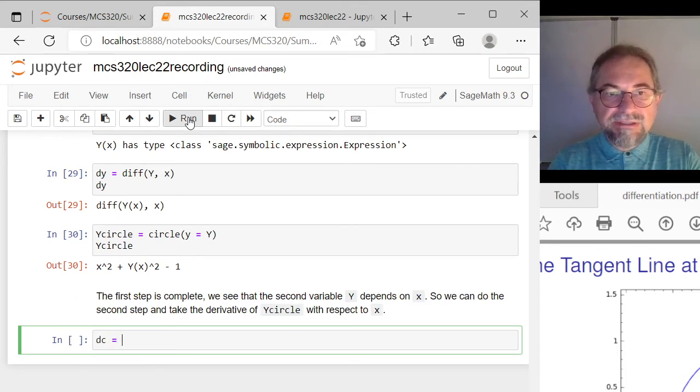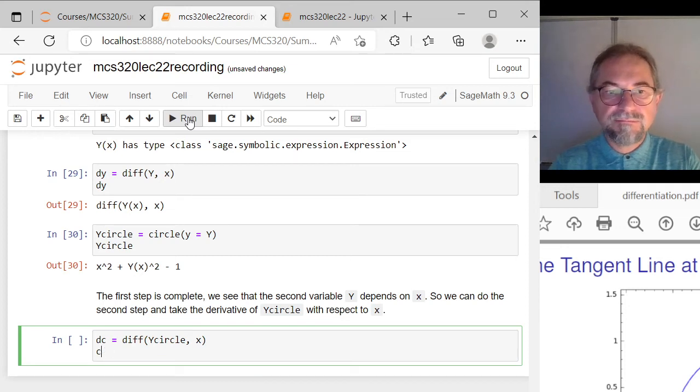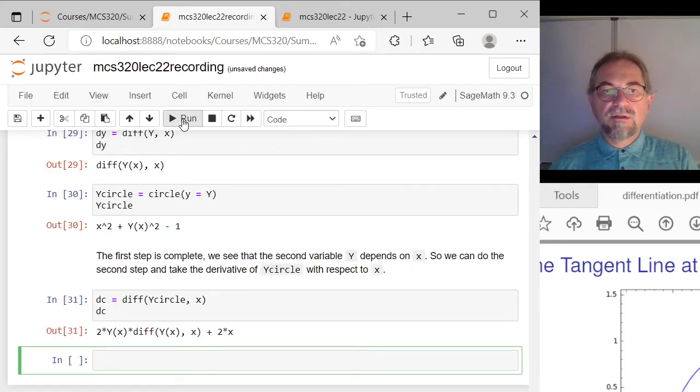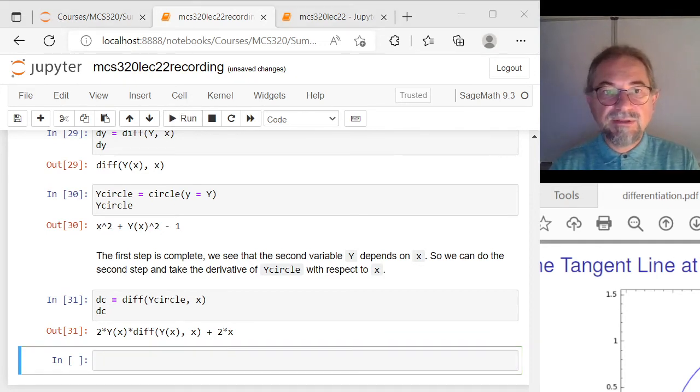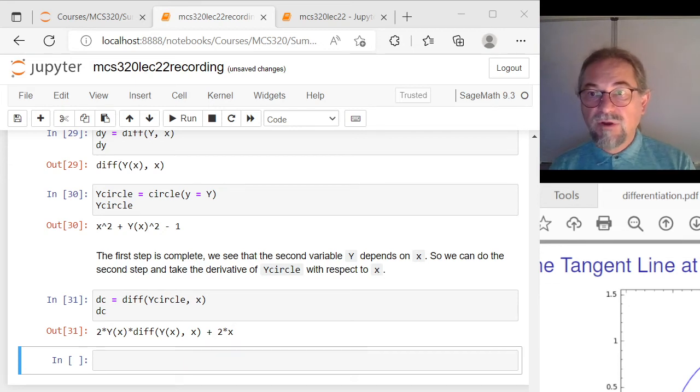Derivative of the circle, diff y circle with respect to x. And now you see it's still there on top in the output cell 29. You see that what appears is the derivative of y with respect to x. And that's actually the symbolic representation of the slope of the tangent line.